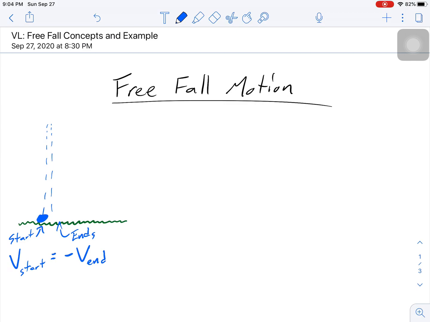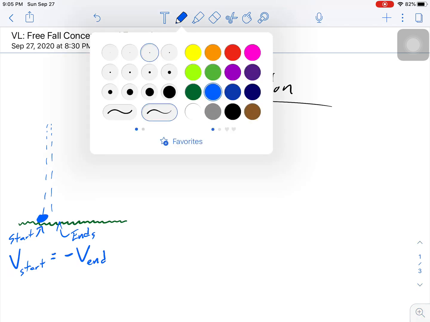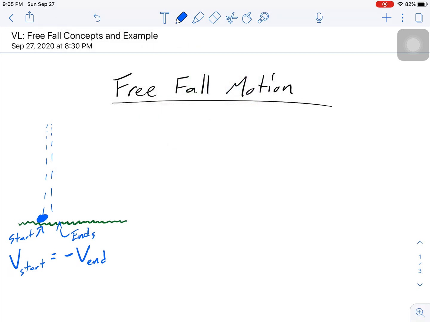If the only force acting on it is the force due to gravity, it is going to accelerate at the same rate. If we know how fast it starts, it is going to accelerate at negative 9.81 meters per second squared until it reaches what is known as the apex, right? So at the very top here, this is known as the apex. The apex is the max height.